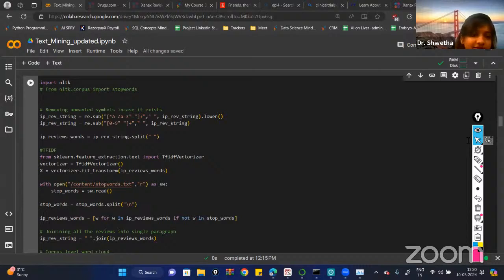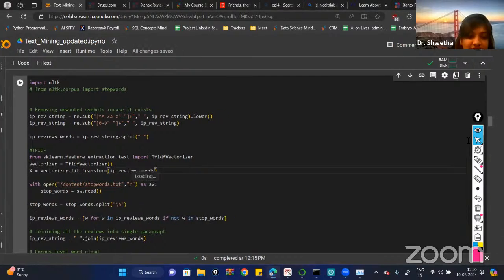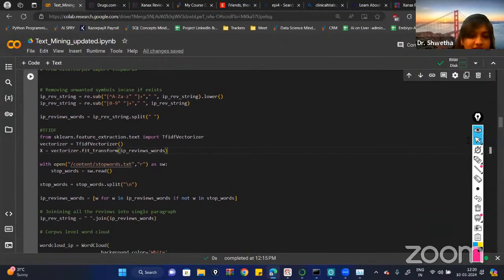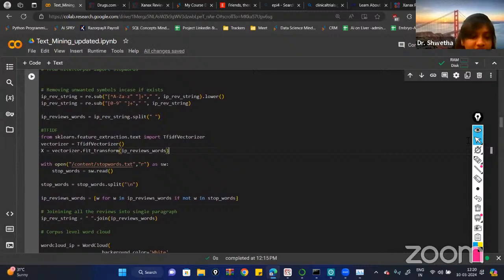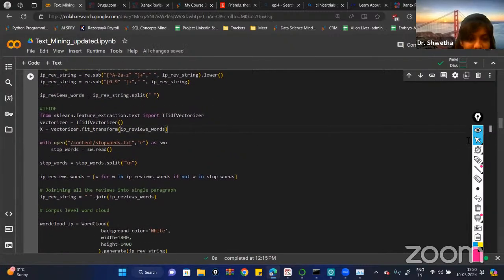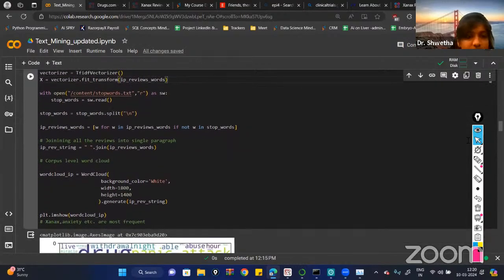After vectorizing that, we are taking the stop words text and reading the stop words. Whenever there are stop words, we are trying to remove them from the data. W for W in IP_reviews_words, if W is not in stop words, then it is kept in this list.